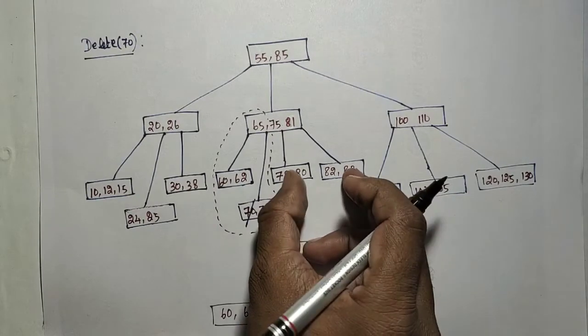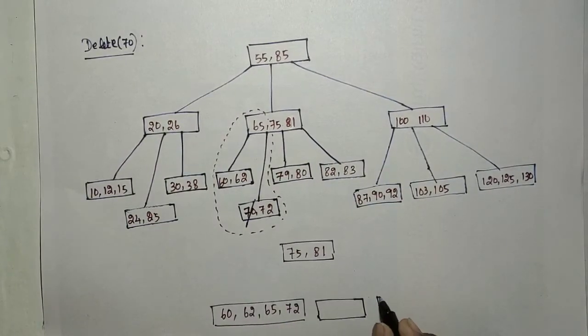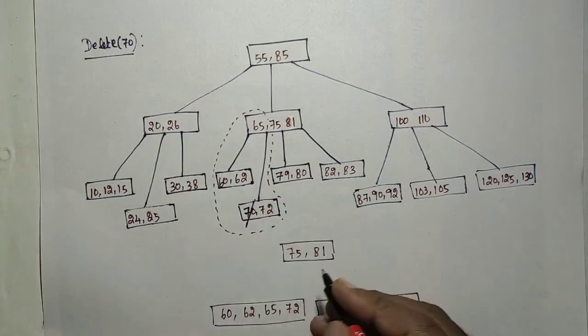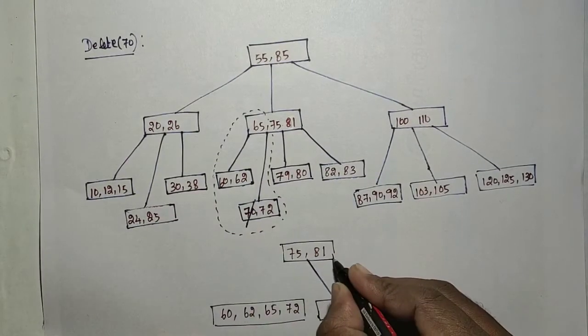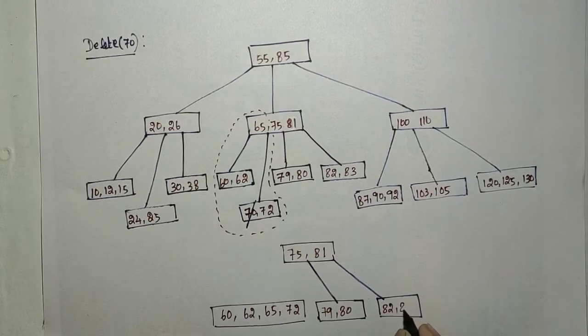It will be kept as it is, that is 79 and 80 and 82 and 83.